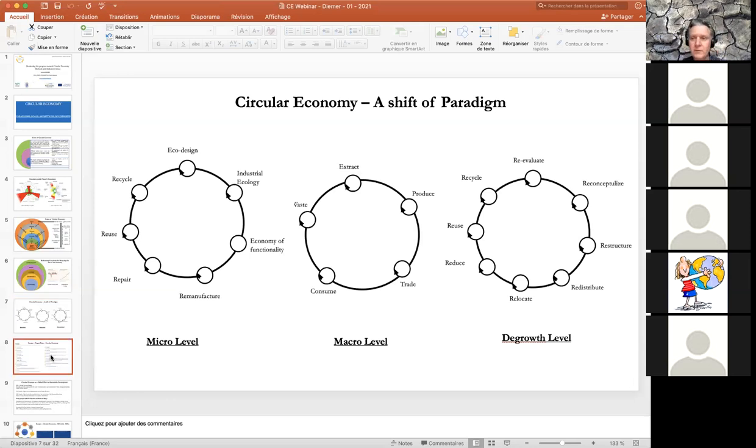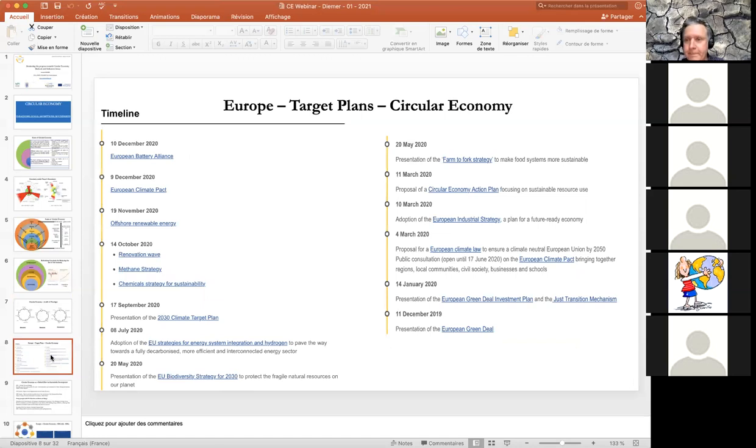So if we do that, we can check what we could say is the big timeline of Europe in this. I try to remind you that we really started in 2015, but we really decided to engage in the process in 2019 with the European Green Deal, because circular economy was only one piece of the puzzle.